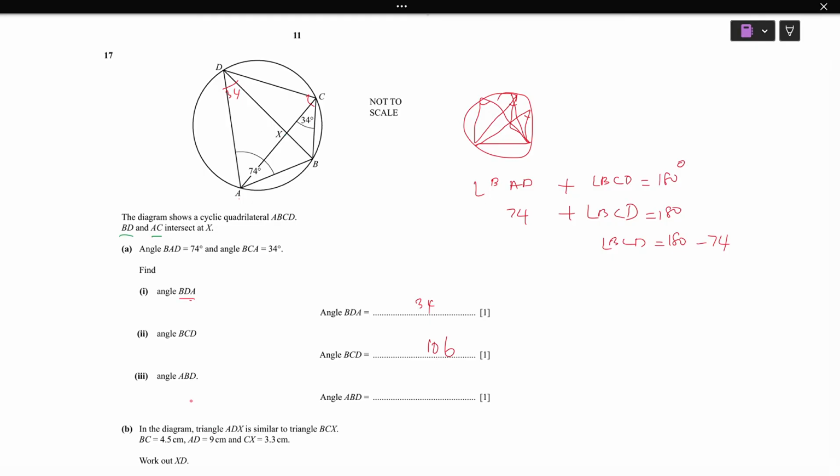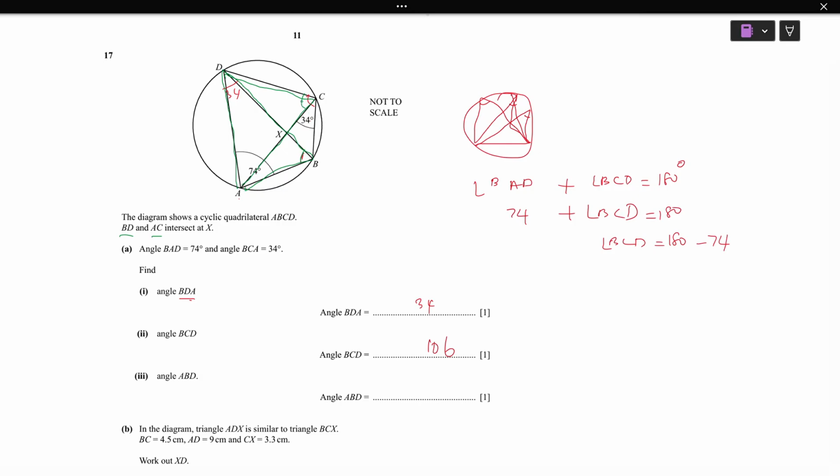Okay, third one, angle ABD. We are going to find this angle. Again, the angles are subtended from the same base. Look at this straight line, there's a chord. This triangle and this triangle, two triangles are from the same line, so this angle and this angle are equal.